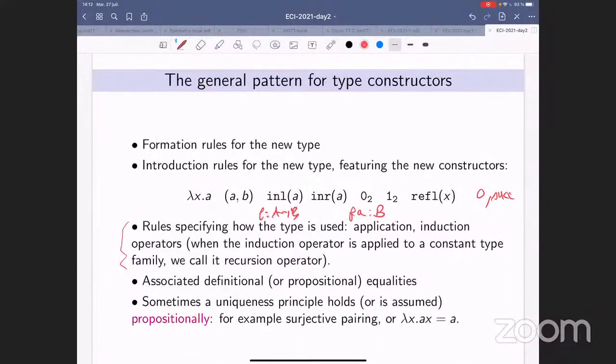You produce something of type B. And the induction operators are also in the same spirit. It says, how can we use elements of some type? And the idea, for example, for natural numbers is that in the end we show how to define a function from this type.